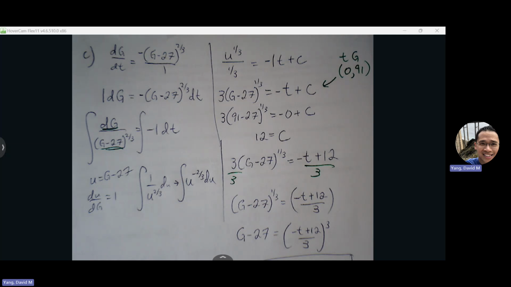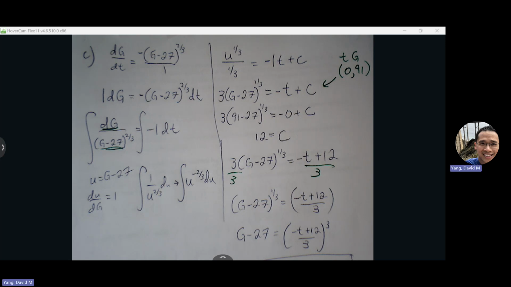And then our next observation is, do we have full separation of variables? We don't. The parentheses, g minus 27, needs to move over. Now I'm moving the parentheses, but I'm leaving the negative because I know that I don't have to move the negative over. I just want to move what is essential for the left side. So I'm just moving over the parentheses, keeping the negative 1 on the right side.